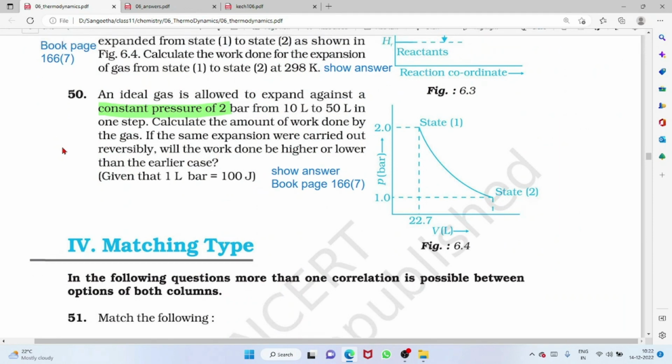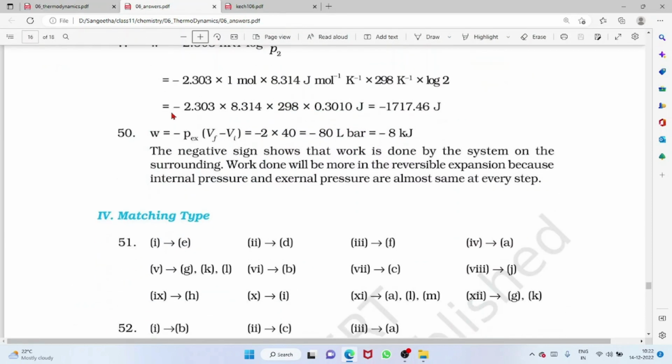An ideal gas is allowed to expand against a constant pressure to go from 10 liters to 50 liters in one step. Single step. Calculate the amount of work done by the gas if the same expansion is carried out reversibly. Is the work done higher or lower? The work is minus P external into final volume minus initial volume.